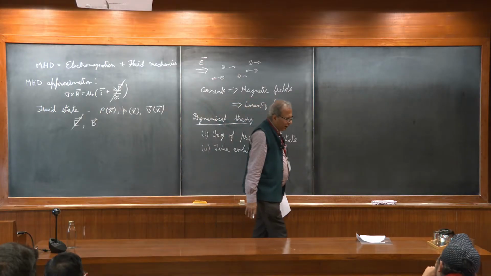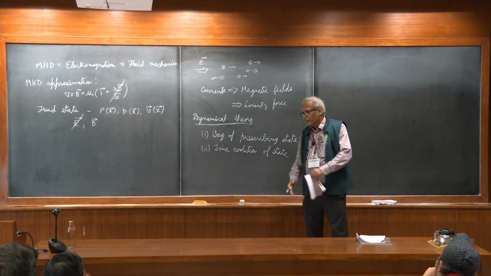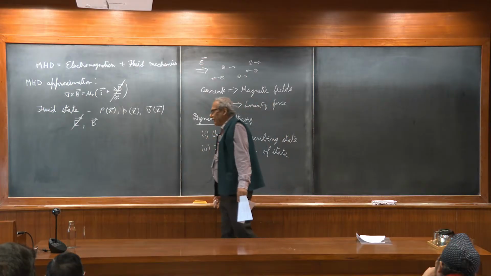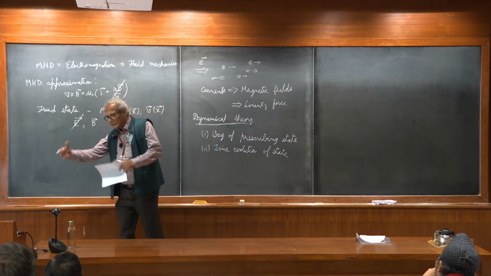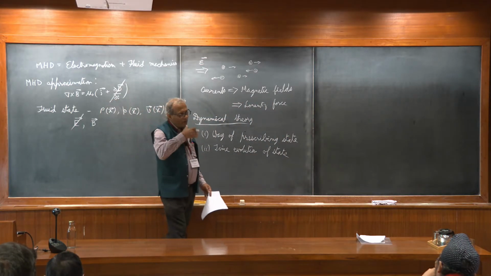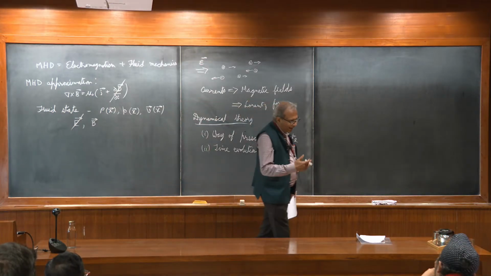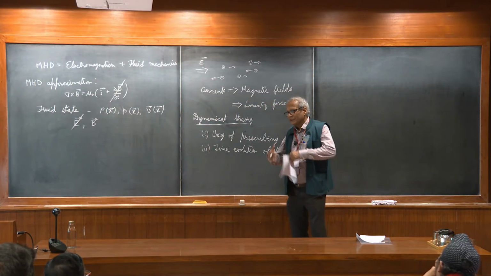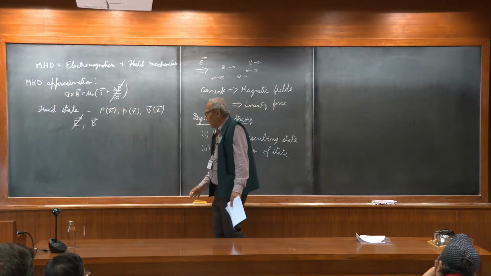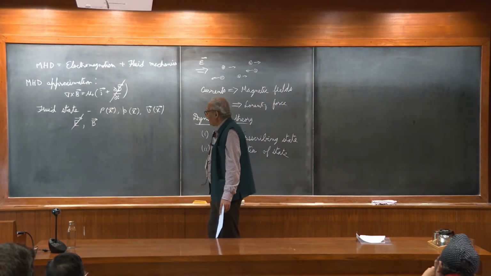One famous work of his was that he used this existence of magnetic field in the galaxy to put some constraint that there could not be too many magnetic monopoles in the galaxy, otherwise the galactic magnetic field also would be screened away. That is called the Parker limit.